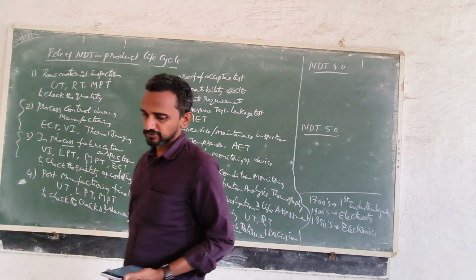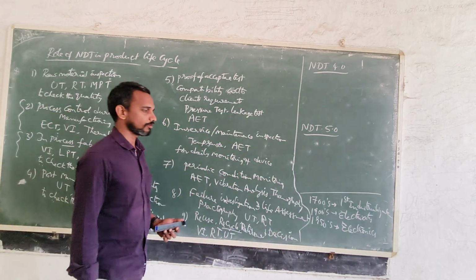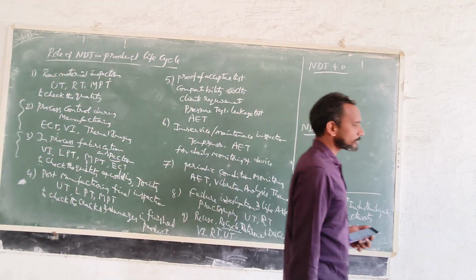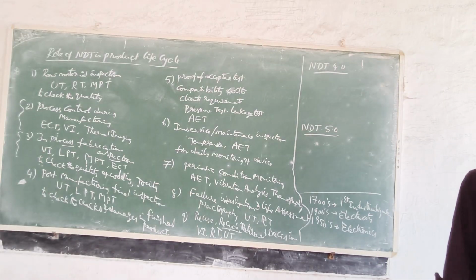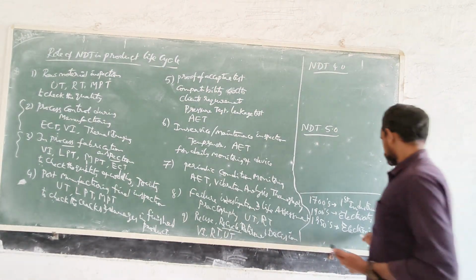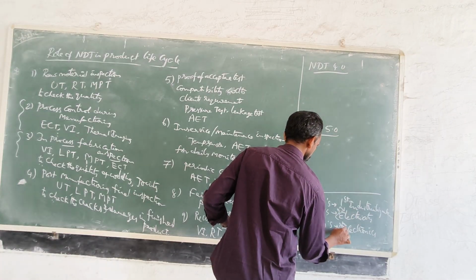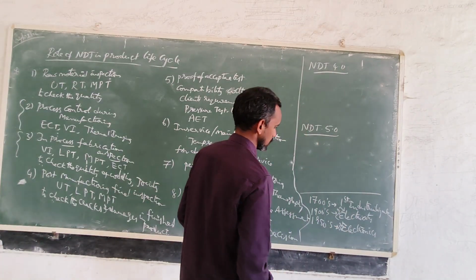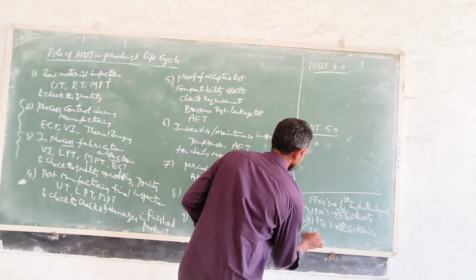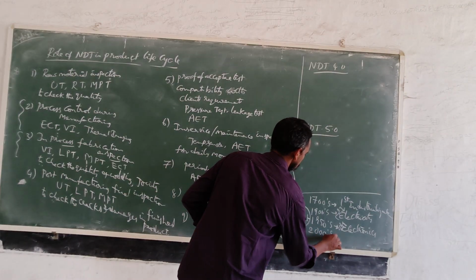So during the Second World War, these electronics were developed. So industrial automation started from that point of time. So that is the third industrial revolution. And right now we are in fourth industrial revolution from 2000 onwards.